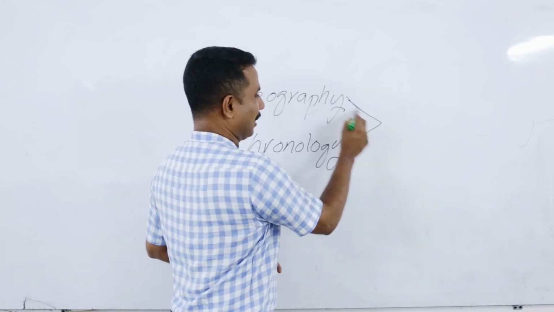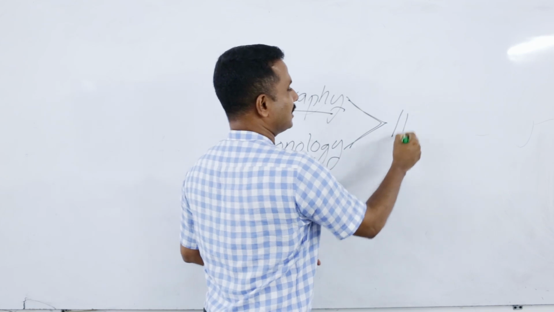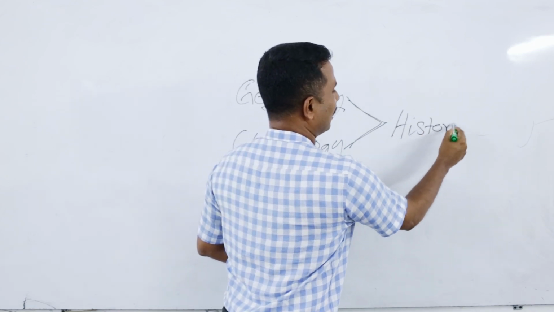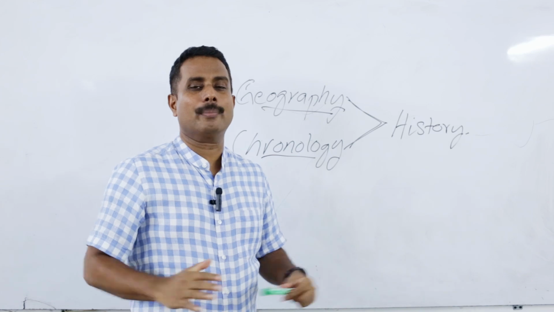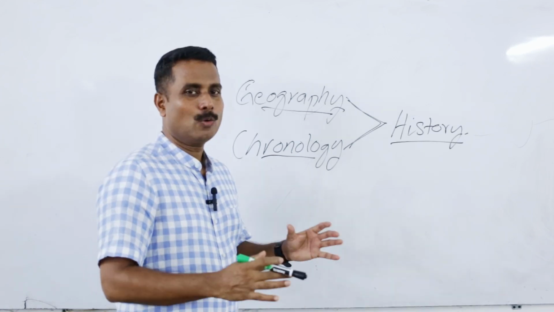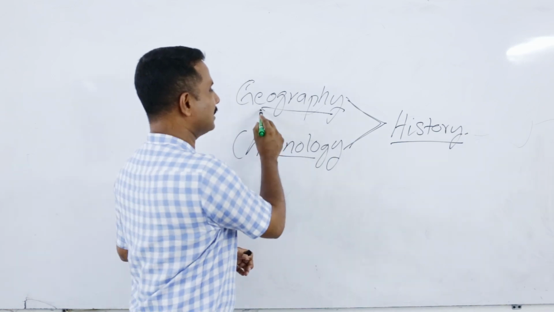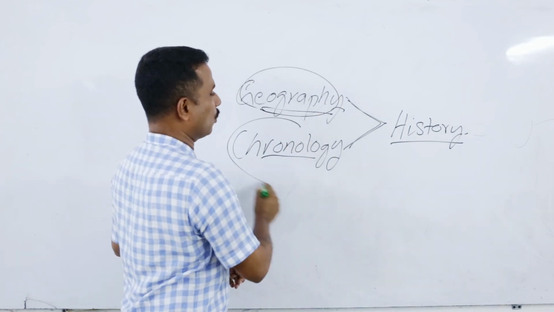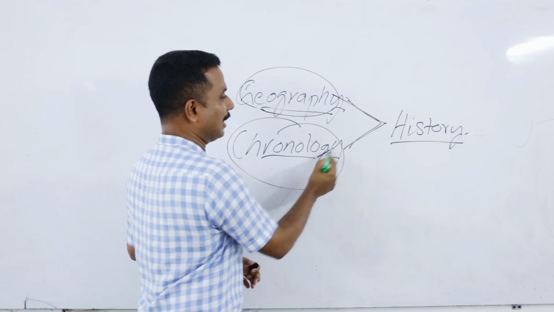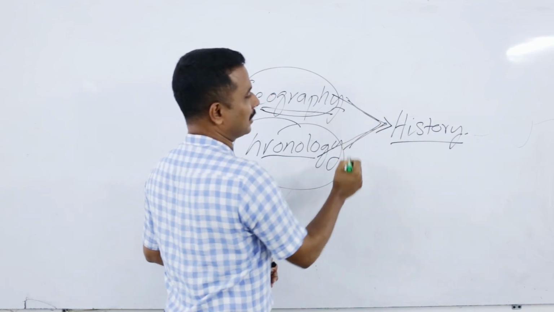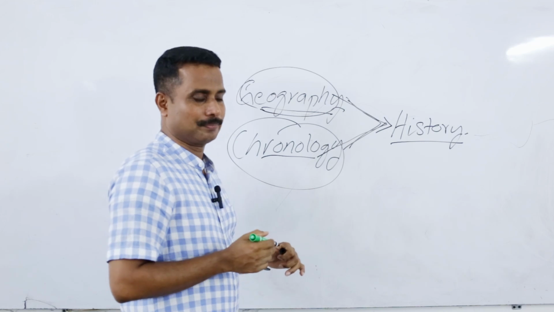By clubbing geography and chronology with history, you can make your history lessons crystal clear and comprehensive. We will see how history can be better understood by knowing some basics of geography and chronology.